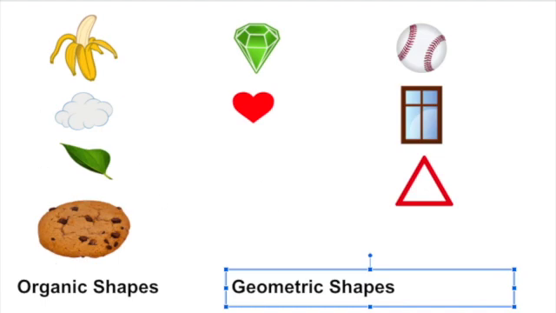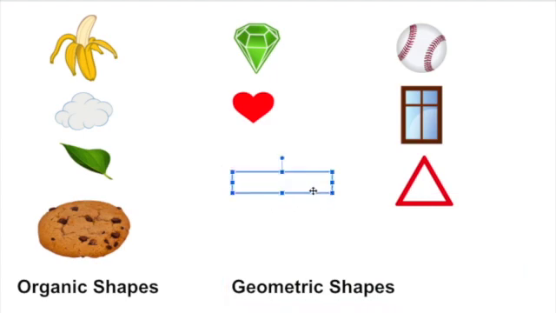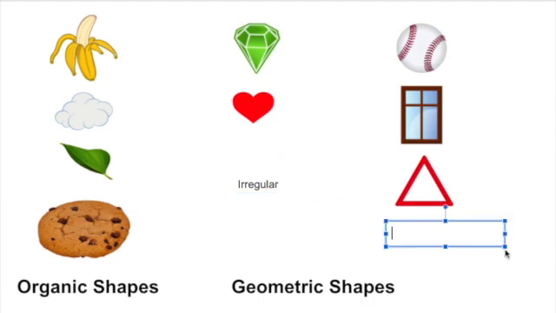And we can further divide this up by what we refer to as our irregular, and we also have our regular shapes. Okay. And we're going to start taking a look at the definitions of these three terms as we move forward.